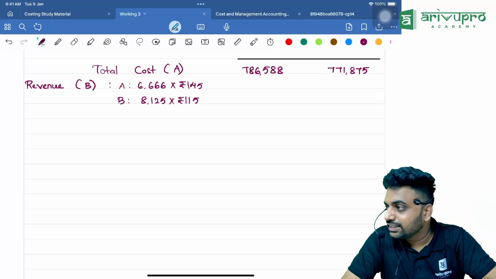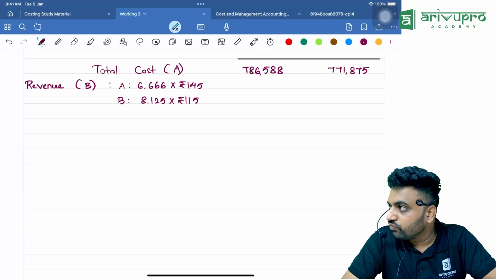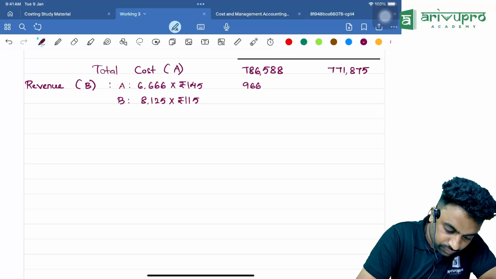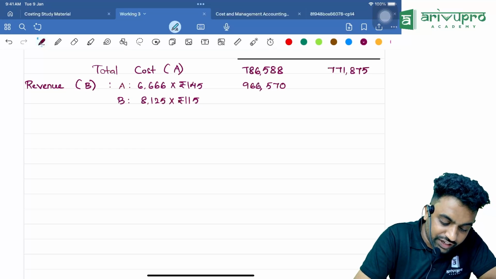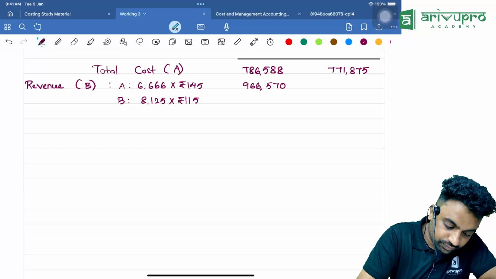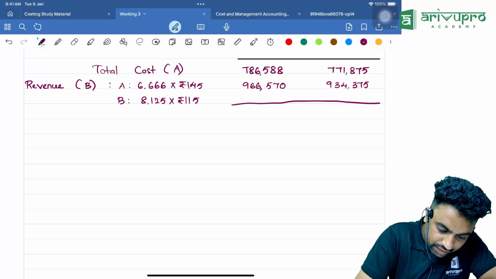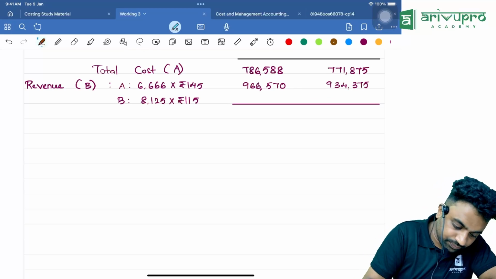So how much is 6,666 into rupees 145? 9,66,570. 8125 into 115 is 9,34,375. Now we'll calculate contribution.